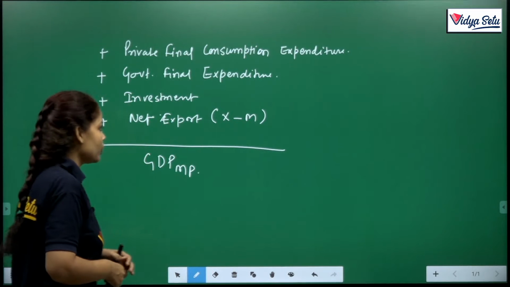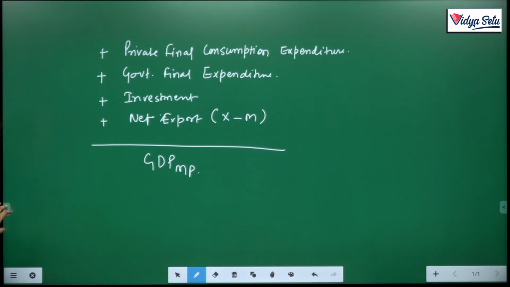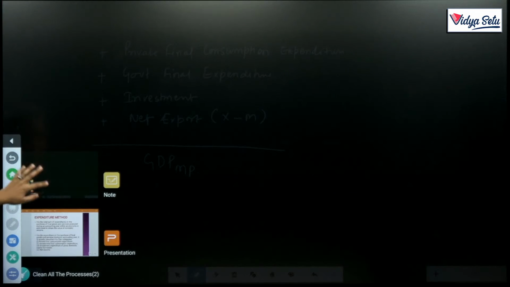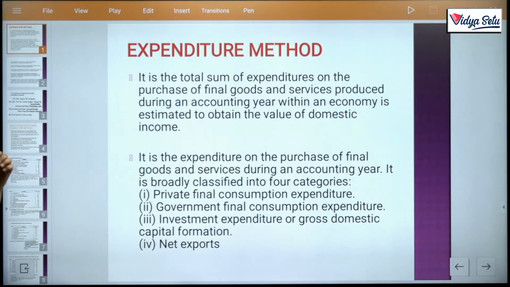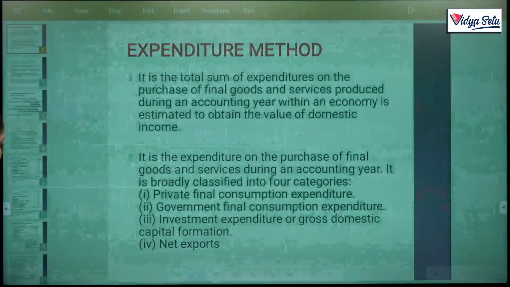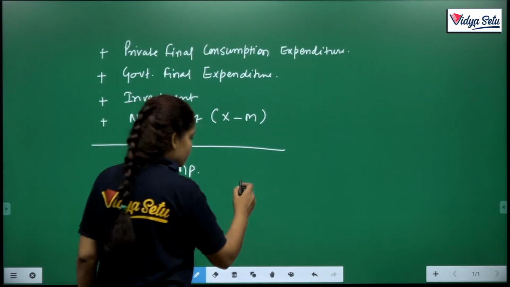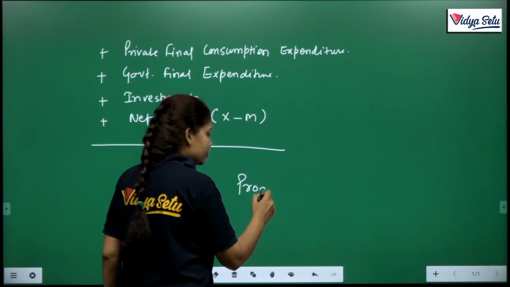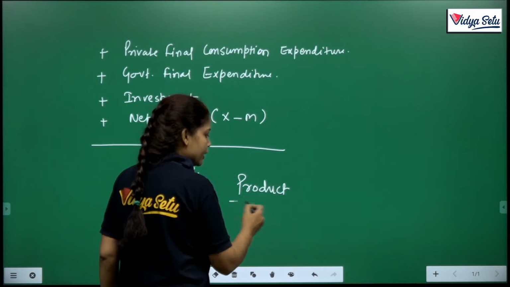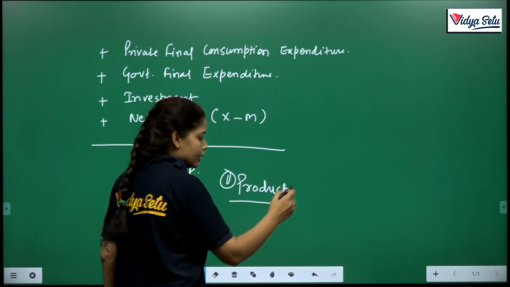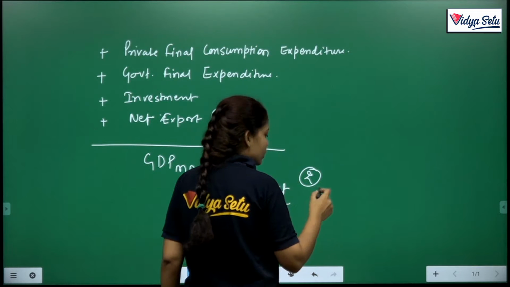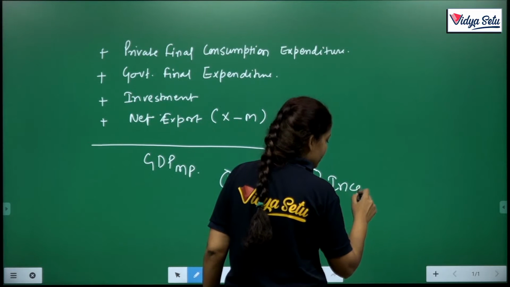So, we move on with our notes. What is the expenditure method? It is the total sum of expenditures on the purchase of final goods and services. I already told you about the three methods. The first stage is the product method: when the product is made, you can calculate it. If the product is sold, then calculate the income from the sale.